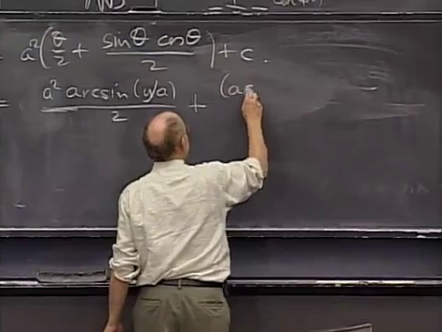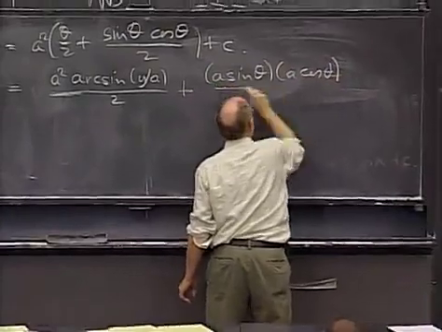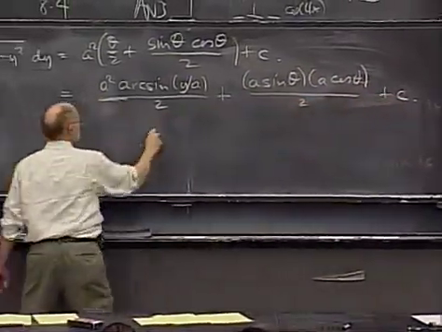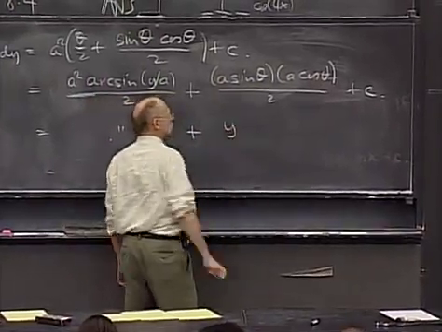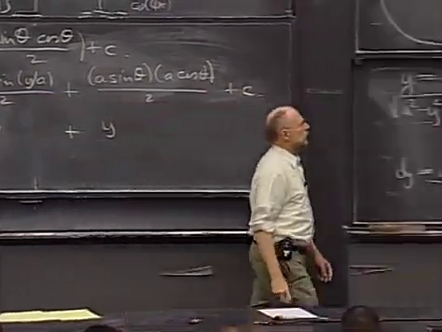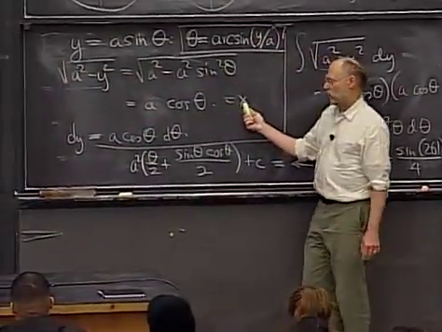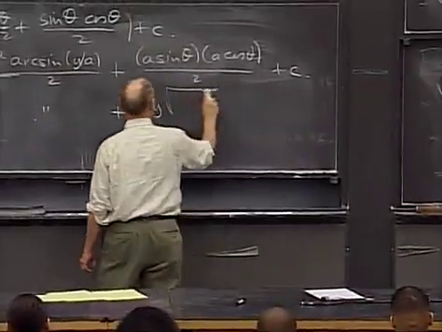Maybe I'll write this as a sine of theta, a cosine of theta over 2 plus c. And so I get the same thing. Now here, a sine of theta, that's y. And what's a times the cosine of theta? It's x, or if you like, it's the square root of a squared minus y squared.